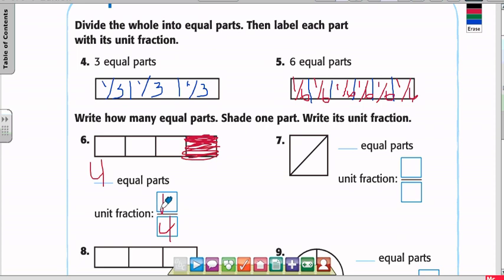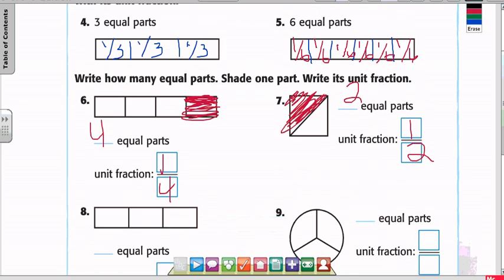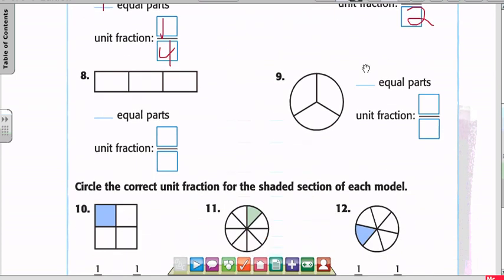Number 7, how many equal parts are there? 2. And it says to shade 1 in. Does that go on the top or on the bottom? The bottom. And how many are shaded in? 1. And then look at number 8 and 9.